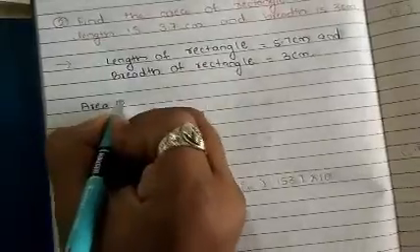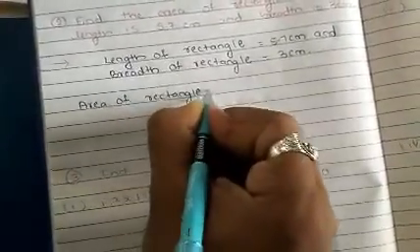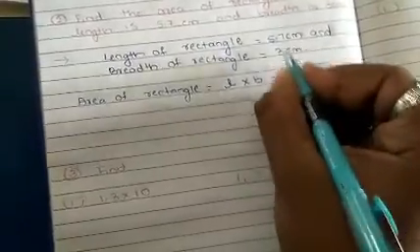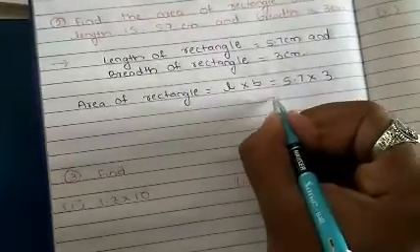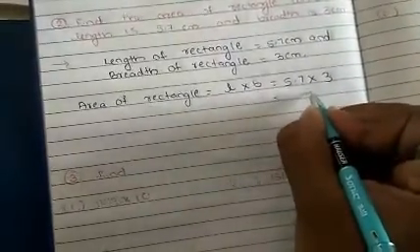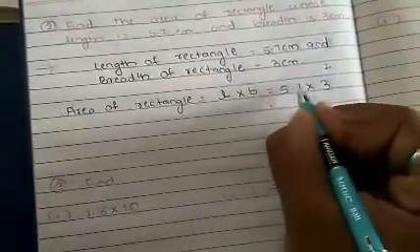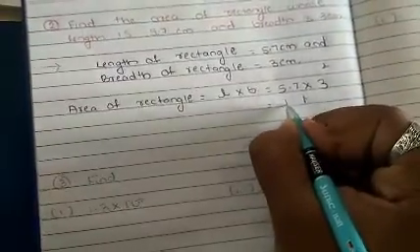Now we have to find the area of the rectangle. Area of rectangle is length into breadth. Length is 5.7 into breadth is 3. 3 sevens are 21, 1 down, 2 carry. 3 fives are 15, 15 plus 2 is 17. Right here 17.